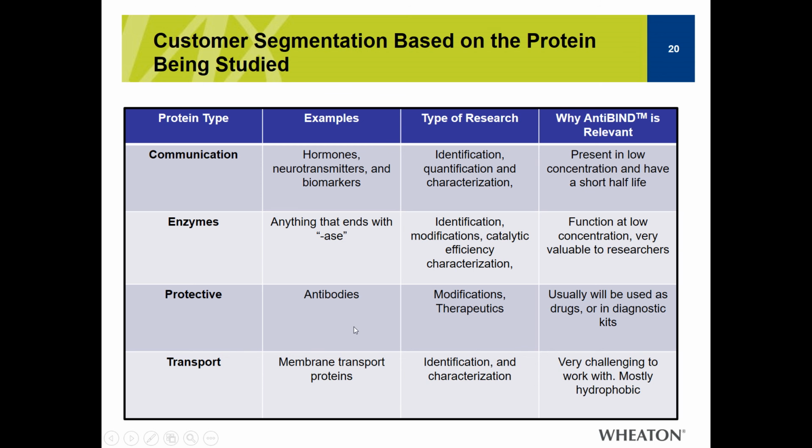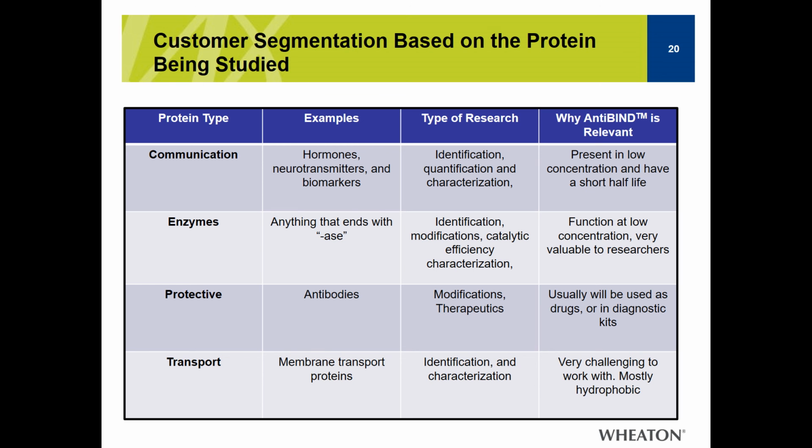Protective proteins, examples are antibodies, and the type of research is modifications. So they raise antibodies against a specific antigen. For the Zika virus, they already raised some antibodies against it, and these antibodies are sold in a kit for diagnosis.